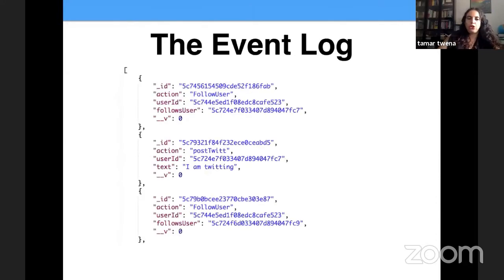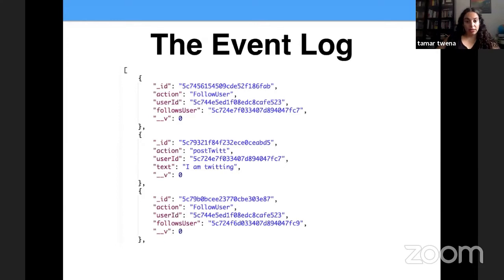Now I would like to show you the event log. I hope that my explanation was clear, but we've spoken about actions. This is taken from a database that implements event sourcing, of a system that implements a Twitter-like system.